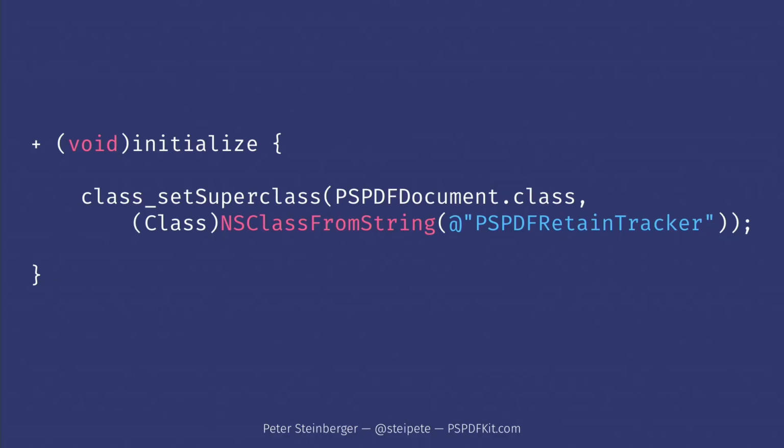Instead of modifying all my headers to drag that one up, I just use class_setSuperclass at runtime, and I replace the superclass of PSPDFDocument, which is NSObject, with the PSPDFRetainTracker. And because I'm really lazy, I didn't even import a file.